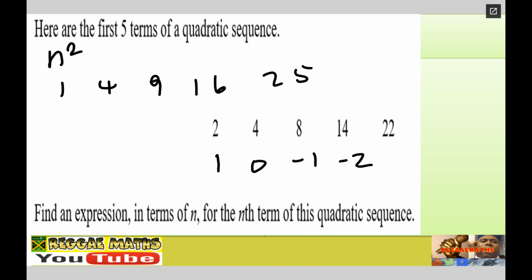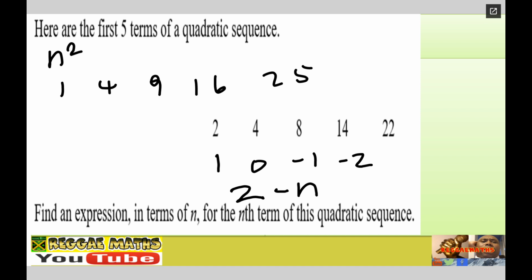So if we look at this here, you can see that taking away n squared from the original, we've got 1, 0, minus 1, minus 2. So the nth term for the new sequence is going to be 2 minus n.